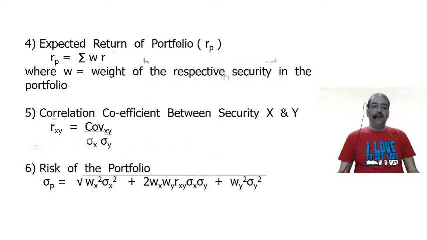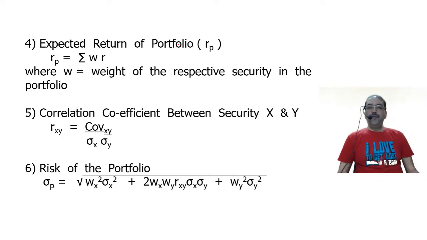Then we have the next three formulas. Expected return of the portfolio, given by RP, is equal to the summation of weight into returns, the weight of each security in the total portfolio multiplied by the returns. Then we had the correlation coefficient between security X and Y, given as covariance of xy upon sigma x sigma y, the standard deviation of x into standard deviation of y.